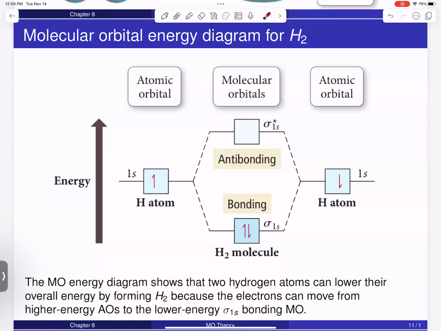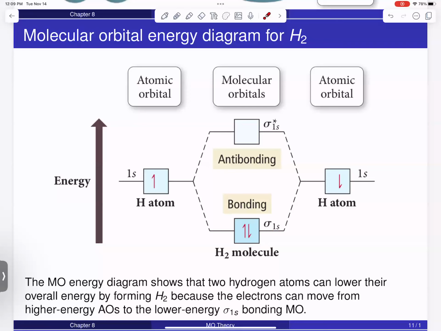We are going to put the electrons in the lowest energy orbitals first, making sure that we're spin pairing them, following Hund's rule, all that fun stuff. And so if we do so, we find that a sigma 1s orbital can, of course, as all orbitals, accommodate 2 electrons as long as they are spin paired, one spin up and one spin down, and that utilizes all the bonding electrons.